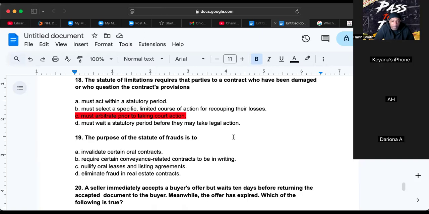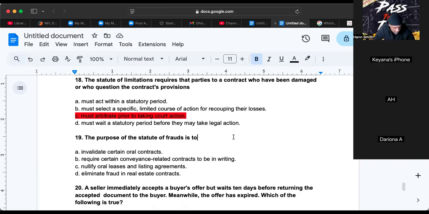Get rid of one. The statute of limitations requires that parties to a contract who have been damaged or who question the contract provisions must act within a statutory period, must select a specific limited course of action for recouping their losses, or D, must wait a statutory period before they may take legal action.